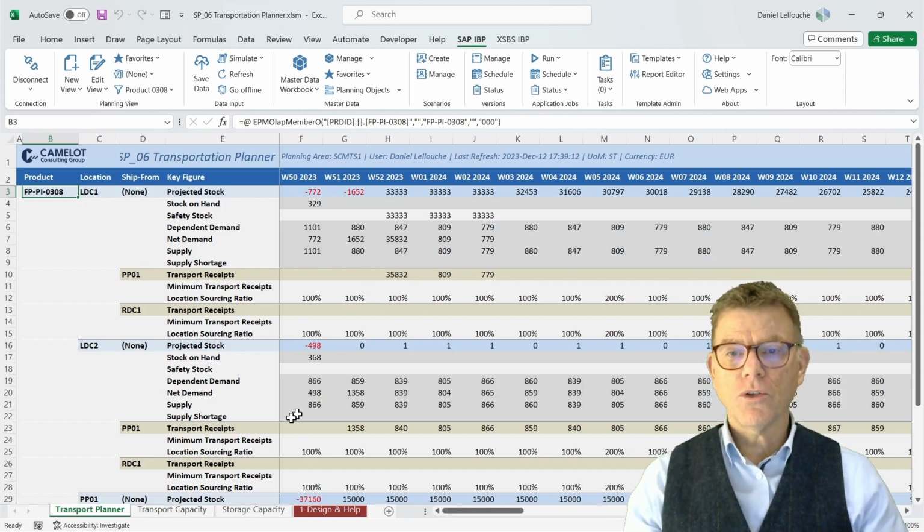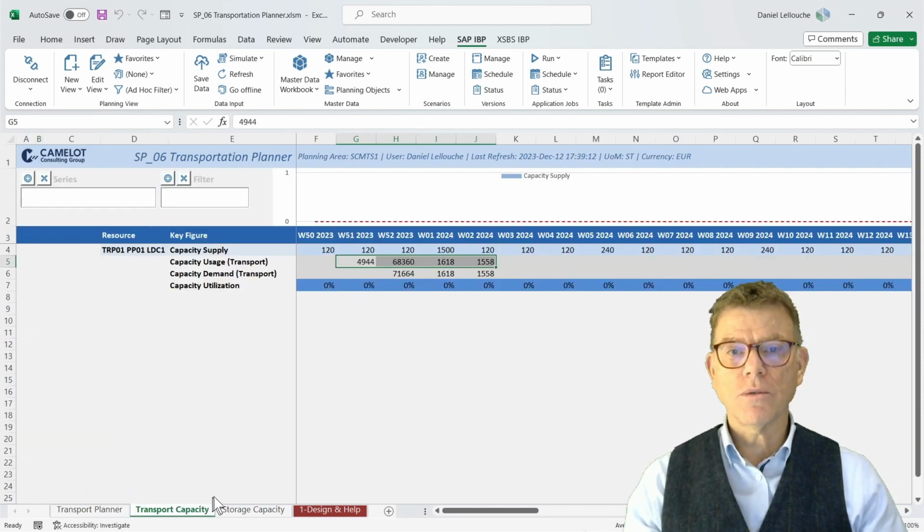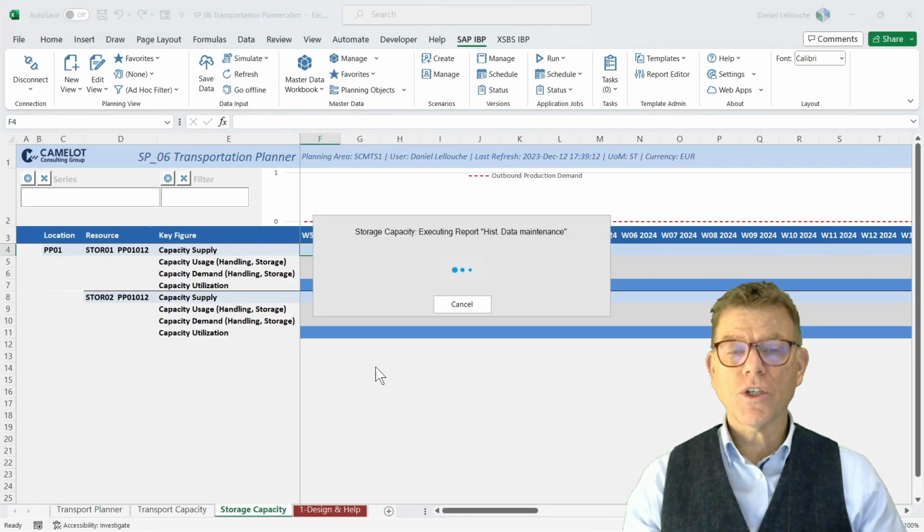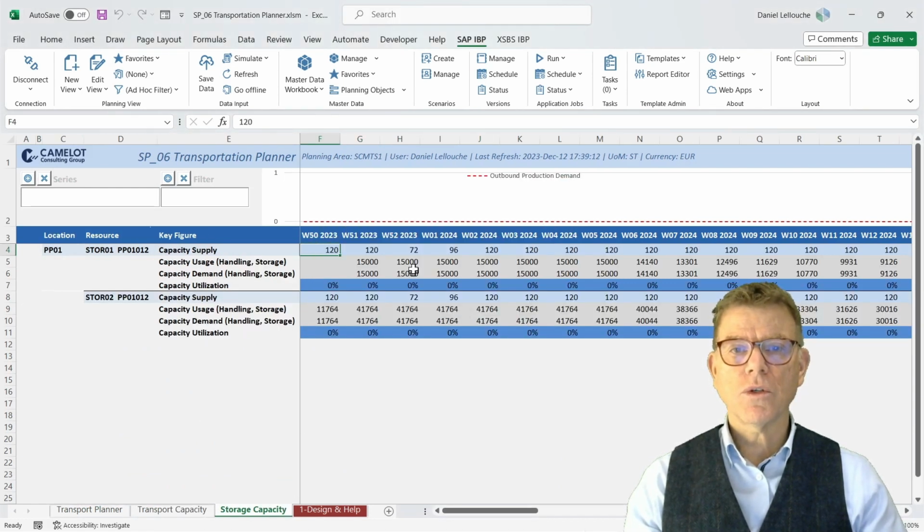So first, the transportation resource consumption, like we can see here, and the storage and handling resource consumption, like we can see here for storage resource.